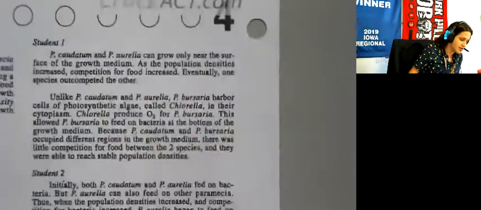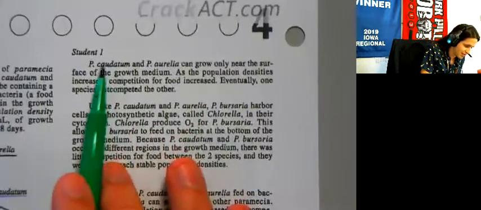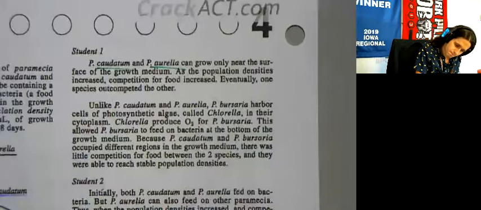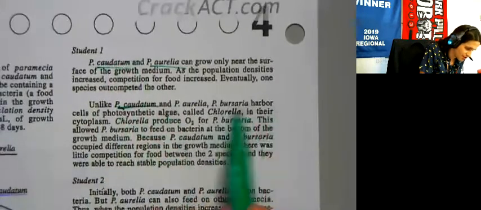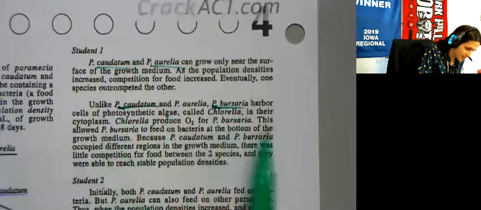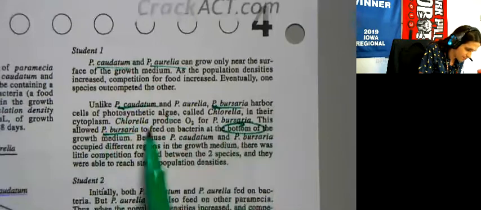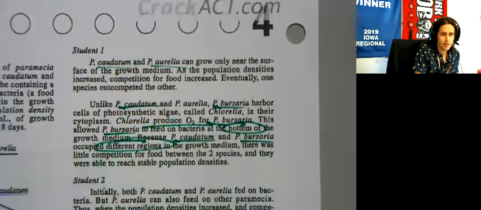If you go do that, student 1, P. caudatum and P. aurelia. Great. Oh, excuse me. Nope. P. caudatum and P. bursaria. Excuse me. Oh, P. bursaria feed on bacteria at the bottom because P. caudatum and P. bursaria occupied different regions.